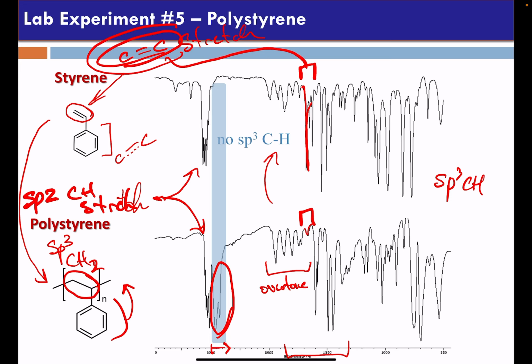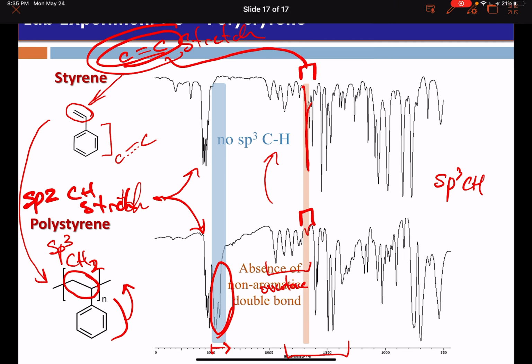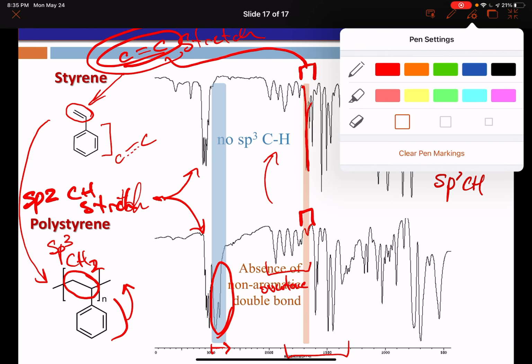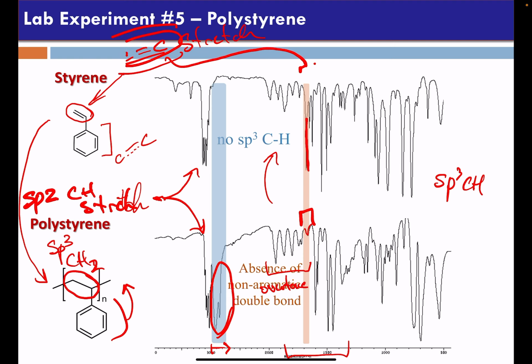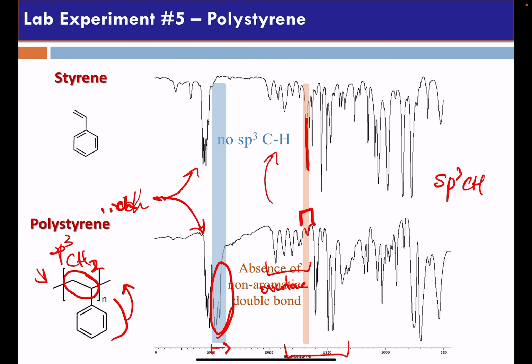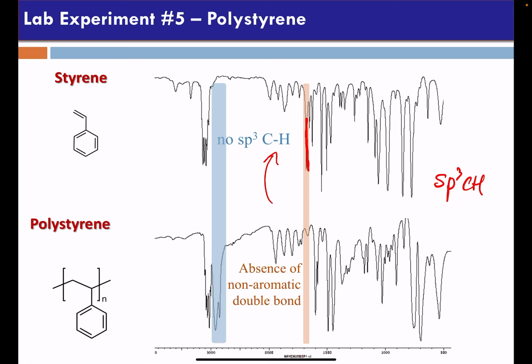So two features here to help us with that. So let's just clean up the slide so you can see all that a bit better. Absence of the double bond due to polymerization, and a new signal corresponding to the main chain sp3 CH stretches.